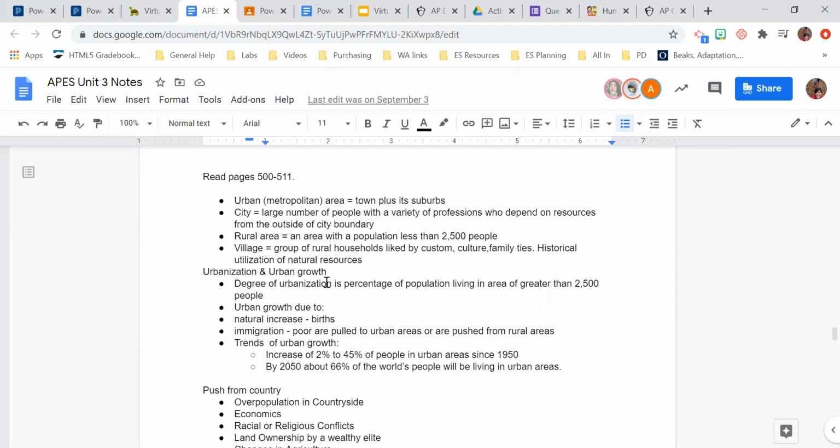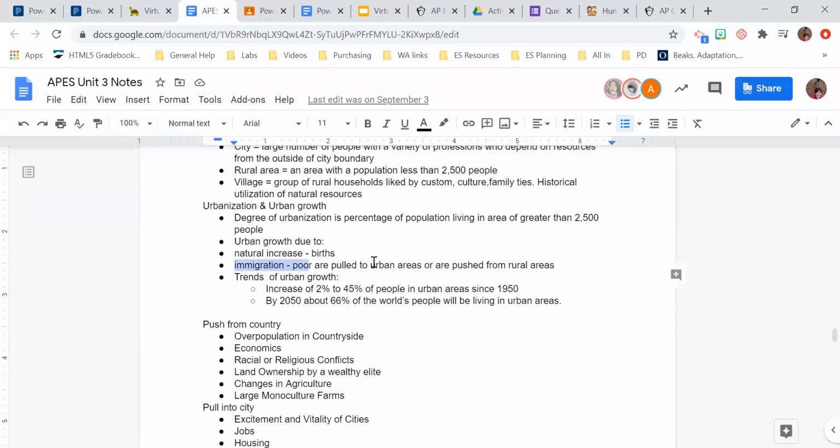Now, there are a couple of things that produce urban growth. One is people living in the city are going to have babies. You know, one of my daughters was born in Atlanta. One of them was born in Nashville, Tennessee, because that's where I was living then. But people who live in cities also have babies. So we have birth. But the thing that we're going to focus on most is immigration. Poor people tend to be pulled to urban areas or are pushed out from rural areas.